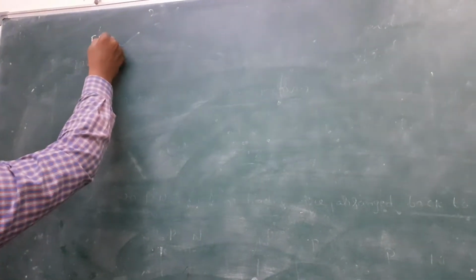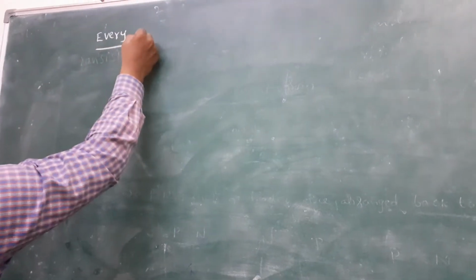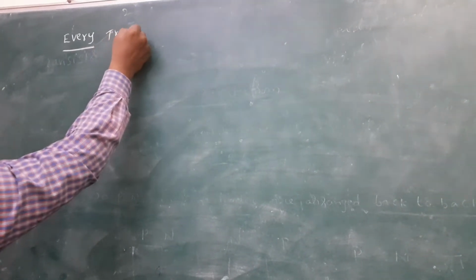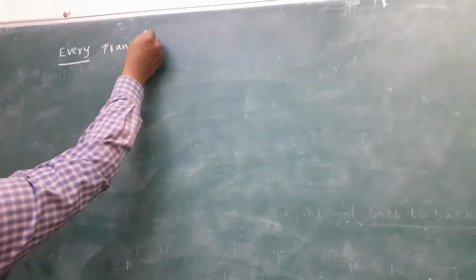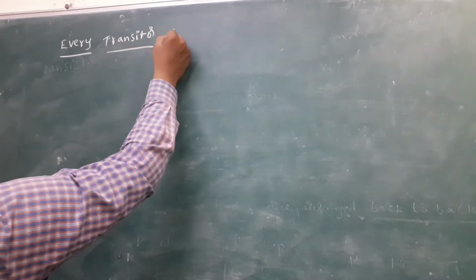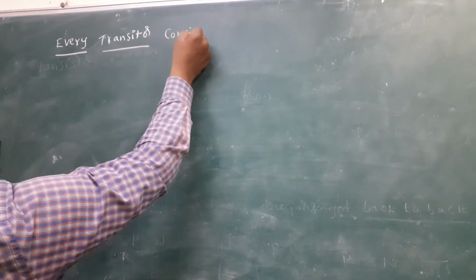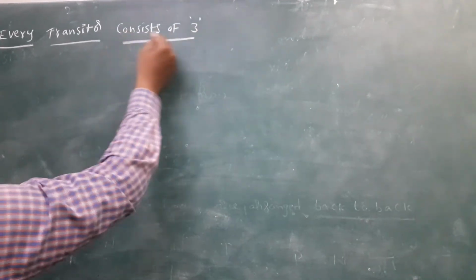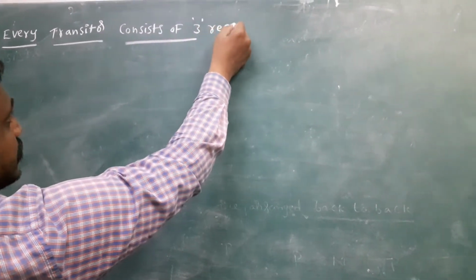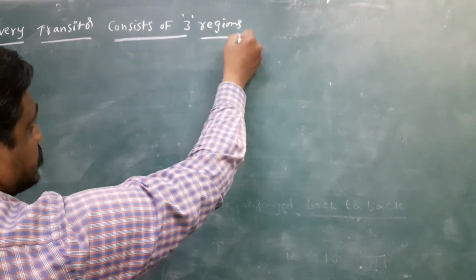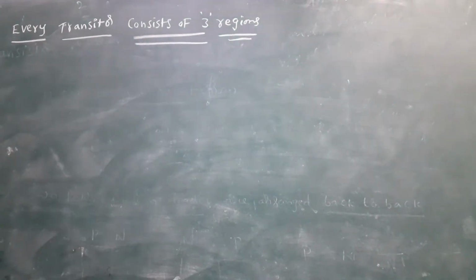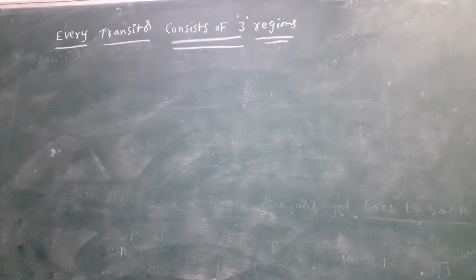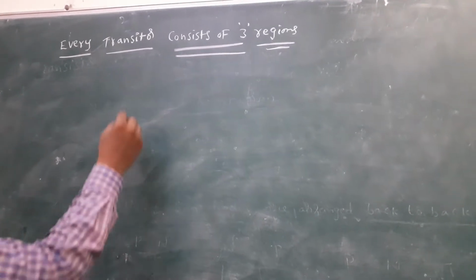Every transistor, for example PNP or NPN, consists of three regions.